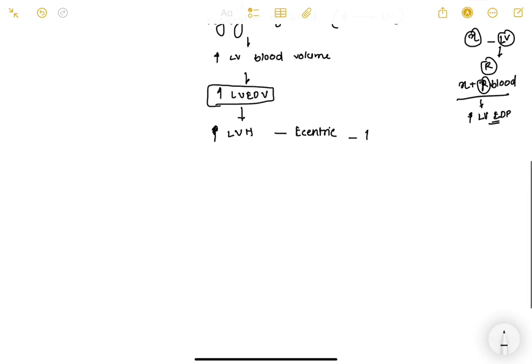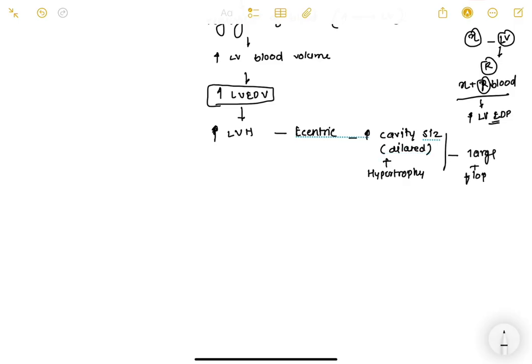Eccentric means there is an increase in cavity size, that is dilated, plus there is hypertrophy. So this will create a large plus floppy LV.